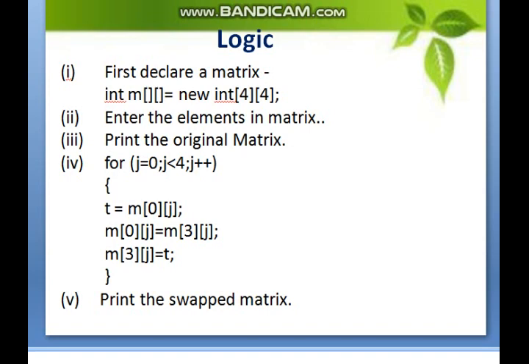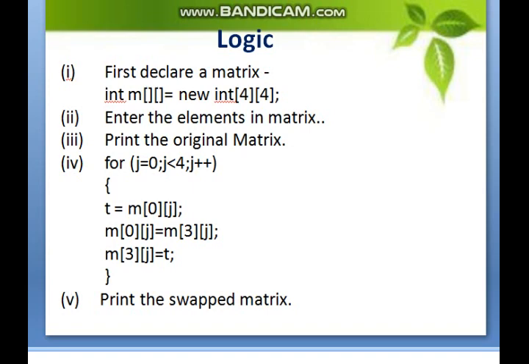Then, for the swapping of the first row with the fourth row, we take a loop that revolves 4 times, and each time it changes the position of the column one by one, because we do not need to change the position of the row.